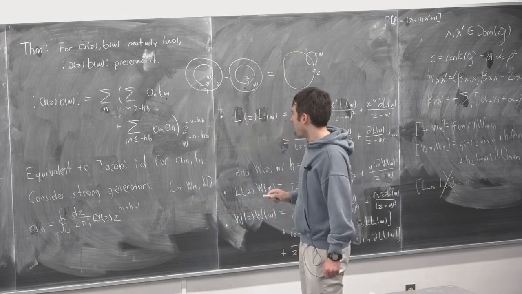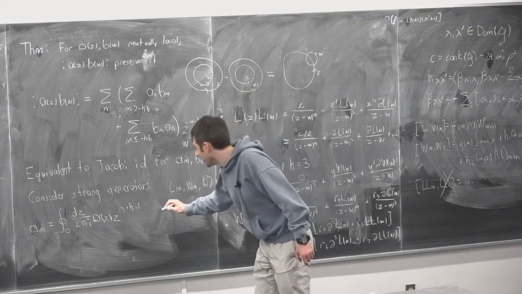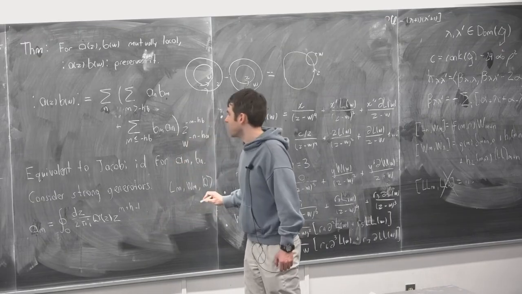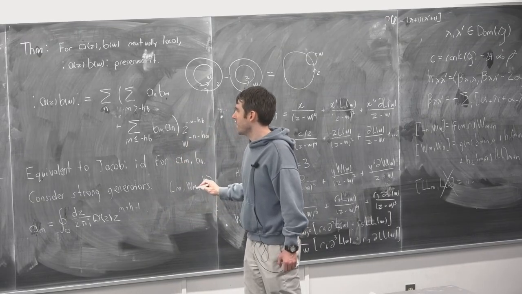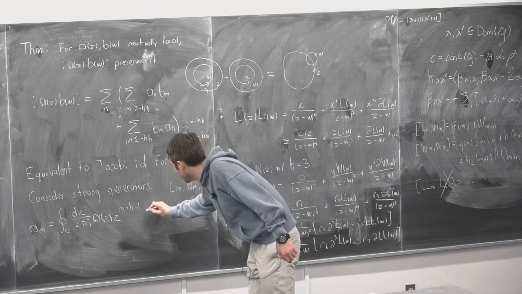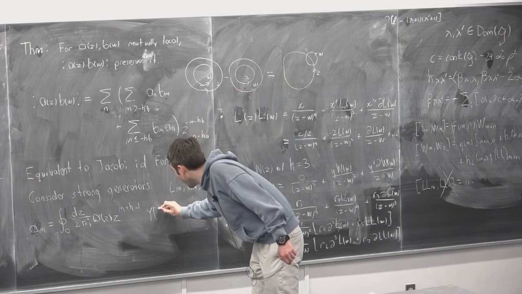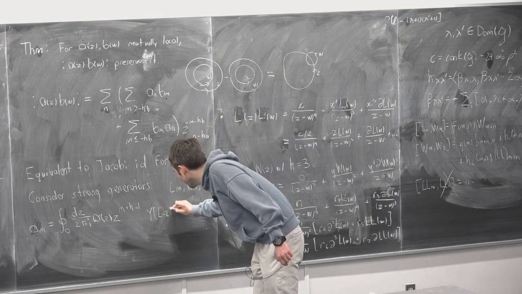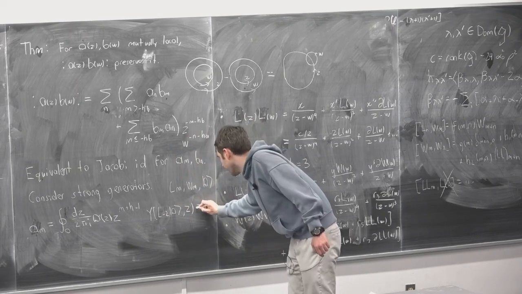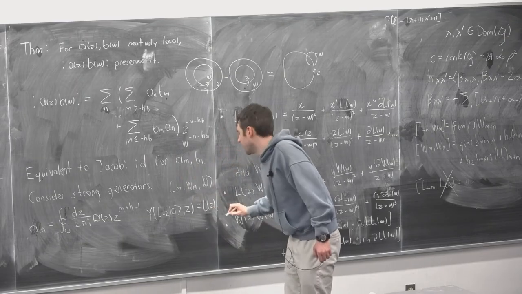So I hope it's not disappointing to tell you that Y of L_{-2} on the vacuum at z is going to be L of z, and the same with W_{-3}.